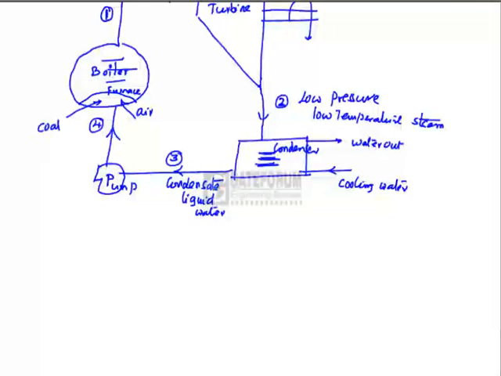This saturated liquid is also known as condensate liquid water, which is at condenser pressure. This water is pumped from very low condenser pressure to very high pressure in the pump, which requires mechanical work input. This mechanical work input to the pump may be extracted from the turbine.